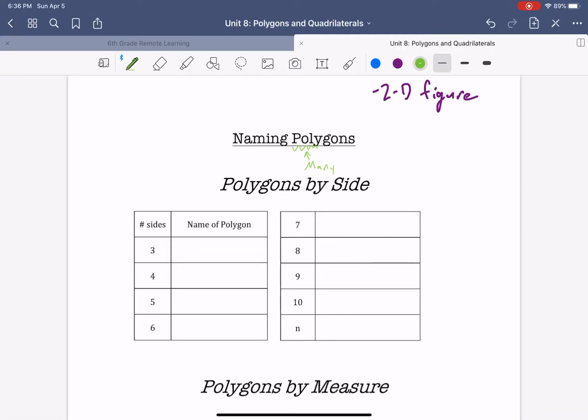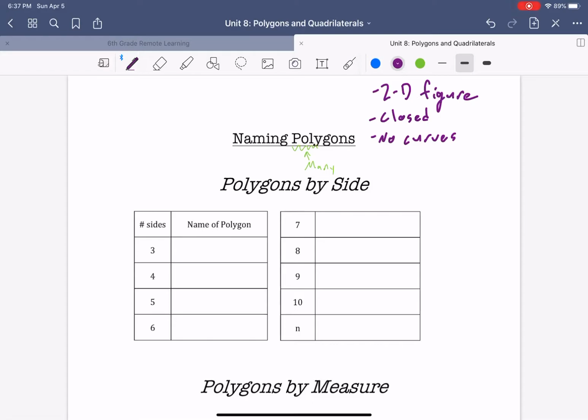So it's a many-sided figure. So it's just about any 2D figure. It has to be closed, and so no open sides. And none of the sides can be curves. So all of the sides must be straight lines.